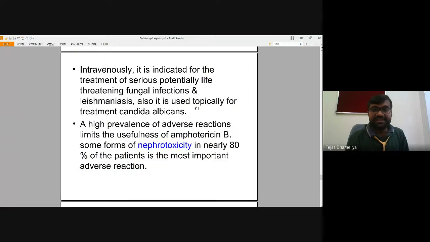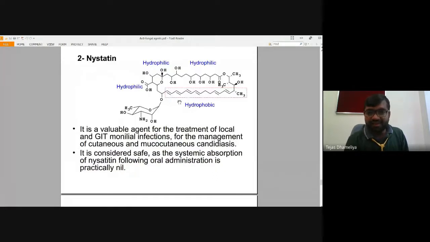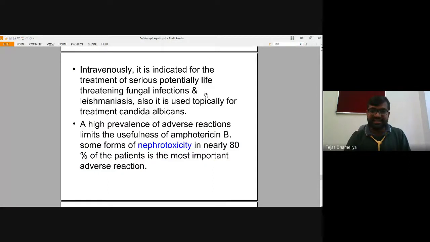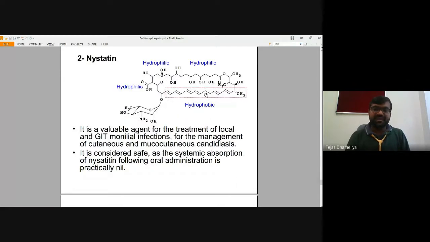In the amphotericin structure, all the bonds were double bonds, but here only one double bond is saturated. Although it is the same structure, this one is hexaene, and it possesses this antifungal activity.